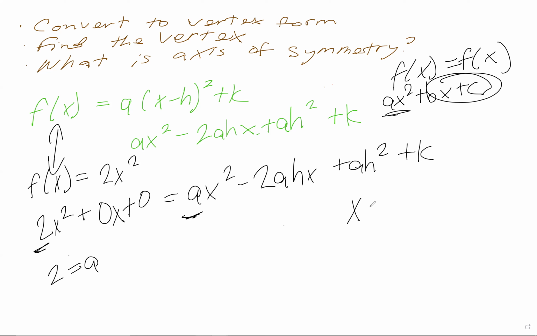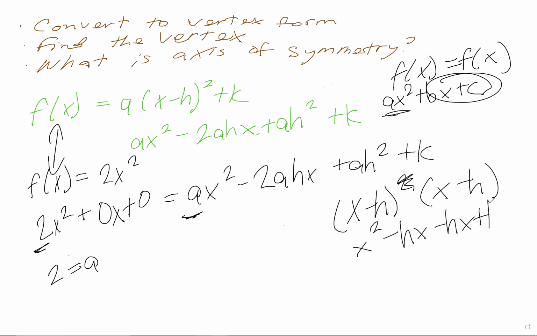So x minus h squared is x minus h times x minus h, and then you do the FOIL method. That gives you x squared minus xh minus hx plus h squared.